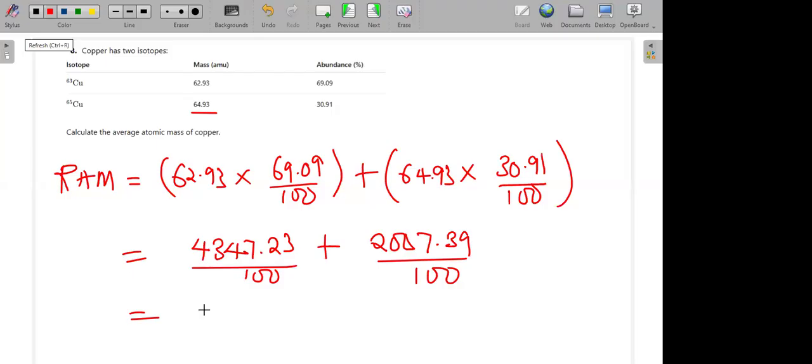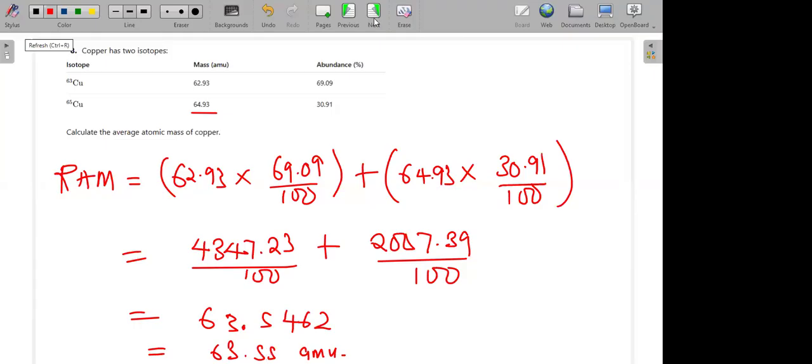I get 63.462. Round it off to two decimal places, so that would be 63.55 atomic mass units. That's the answer there.